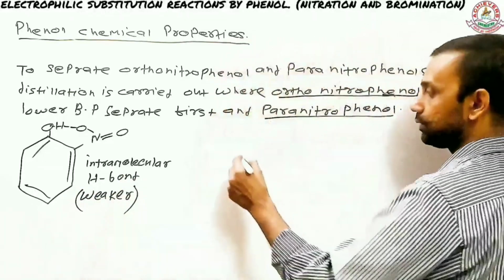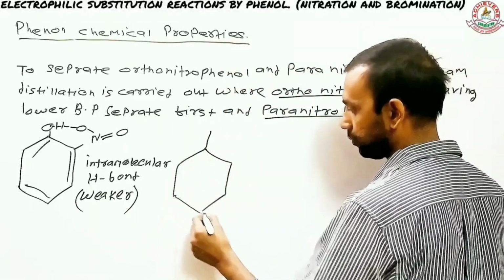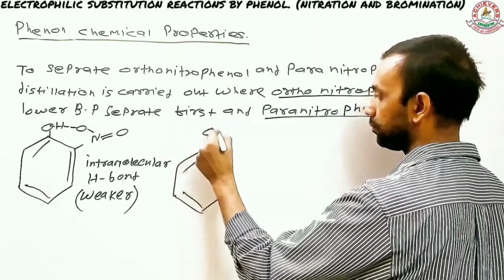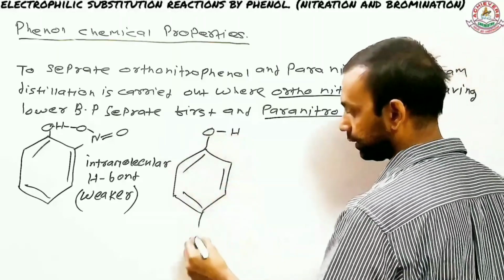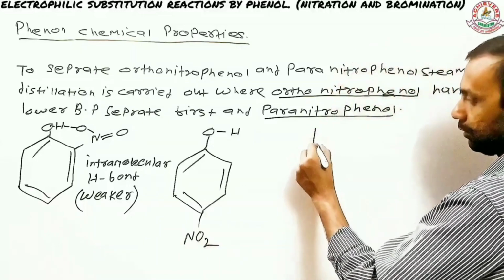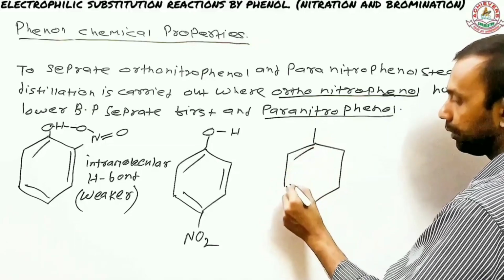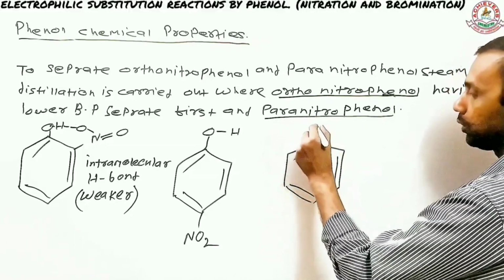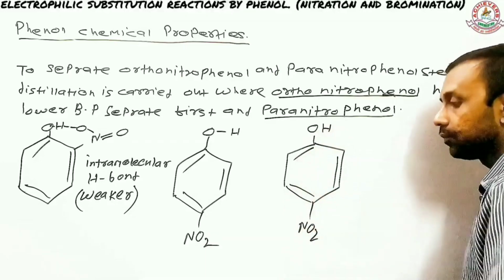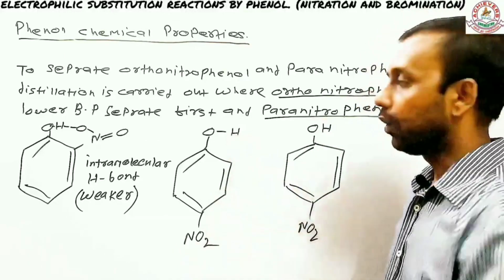What is the other one? Let's see here. So I'm taking the next one, which is paranitrophenol. So this is your paranitrophenol, right? And there is your nitro group. Now what happened? A hydrogen bond is formed, but this time it is formed between two molecules of paranitrophenol, because these two groups are very far away from each other, so it cannot form a hydrogen bond of the intramolecular type.